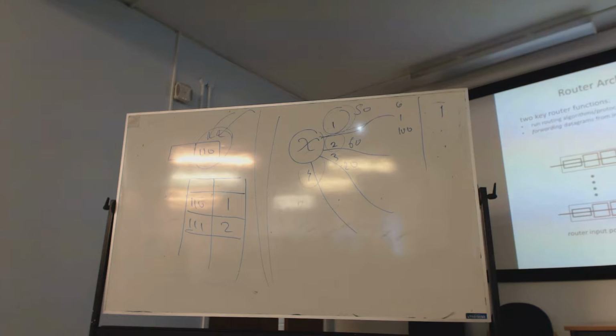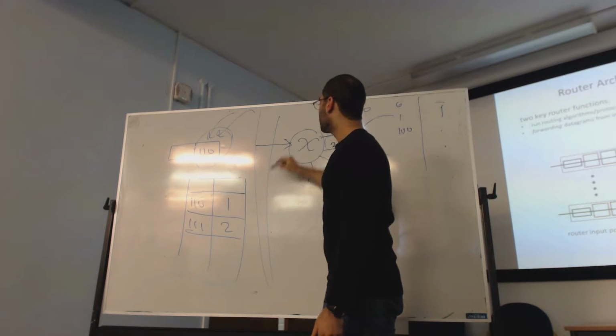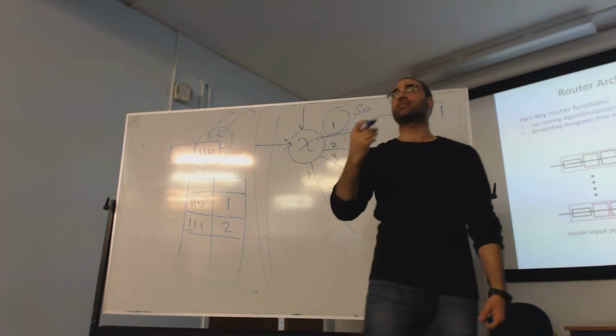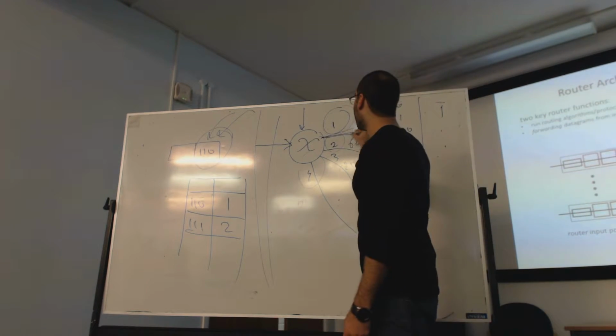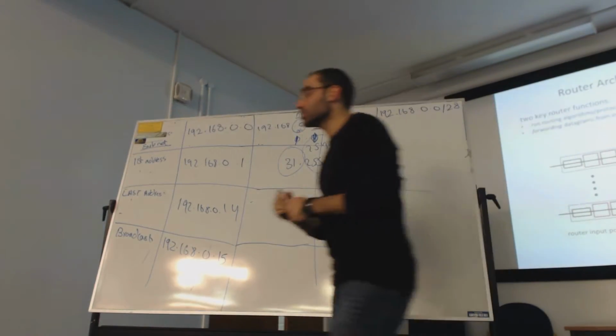Mainly the router will have what? The router will have an incoming link, that's your input port. You'll have the router itself, which has the actual processing units inside, and then you have the outgoing link. Let's create something here to show you the examples.